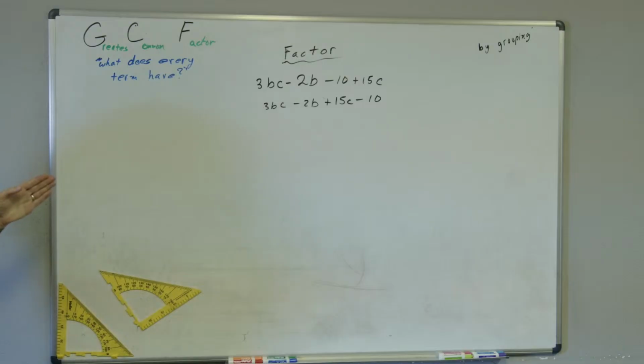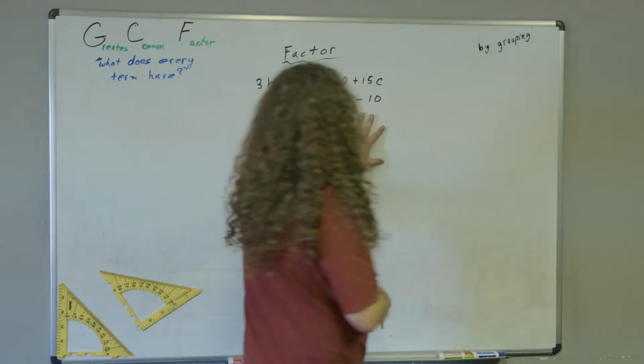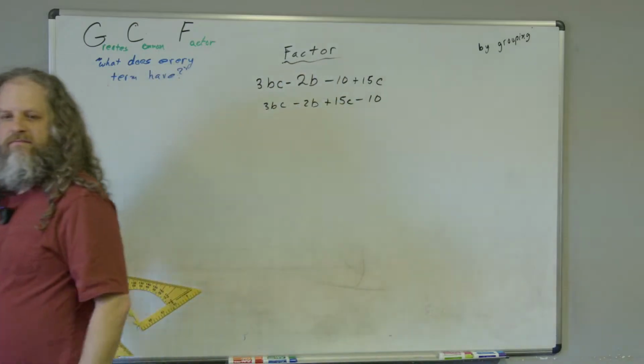Look at the front half and compare it to the back half and tell me what you see. B's are only in the front half. This one doesn't have any B's. True enough. What else do you see?